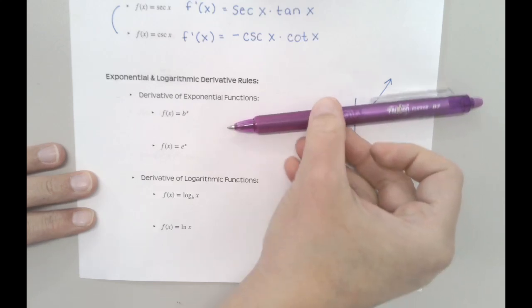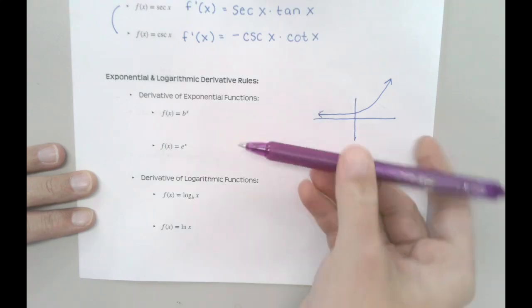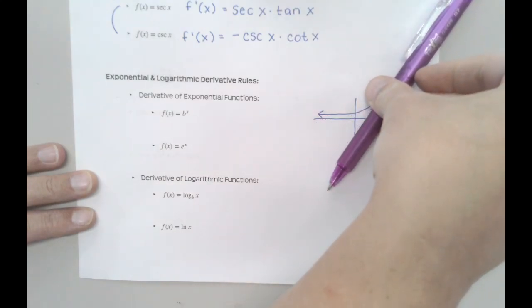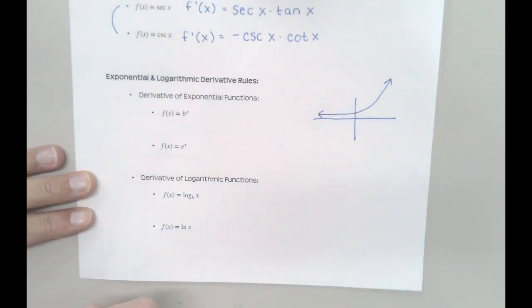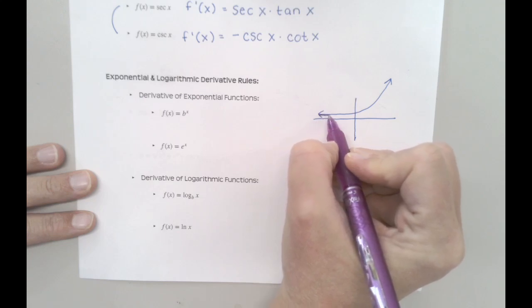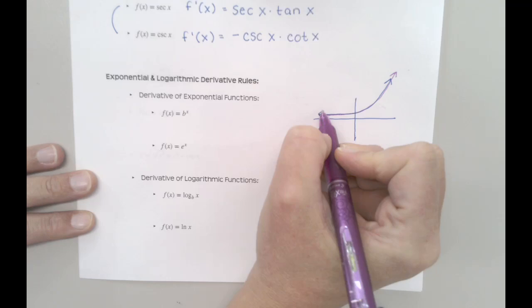They're all positive because this is always increasing, but you're going to be really close to 0. And then as you move to the left, your derivative is tilting upwards and it's getting bigger, faster, and faster, and faster. What kind of function does that sound like to you? It's a function that's close to 0 but positive, and then gets bigger, faster, and faster.